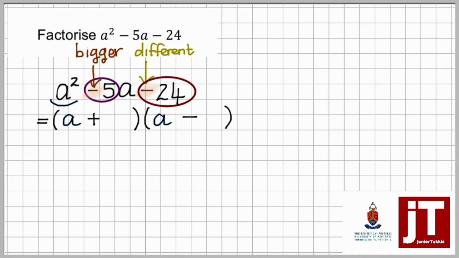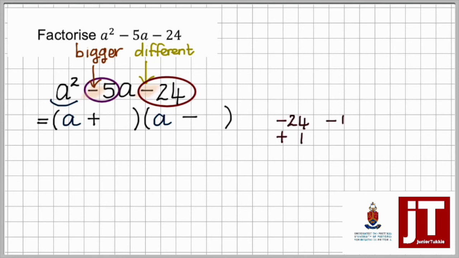The question is, which one will get the negative sign? Since the second term here is negative 5a, we know that the bigger of the two factors will get the negative sign in this case. Okay, so unlike in the previous problem where the second term was positive and the bigger got the positive sign, here since the second term is negative, the bigger factor gets the negative sign.